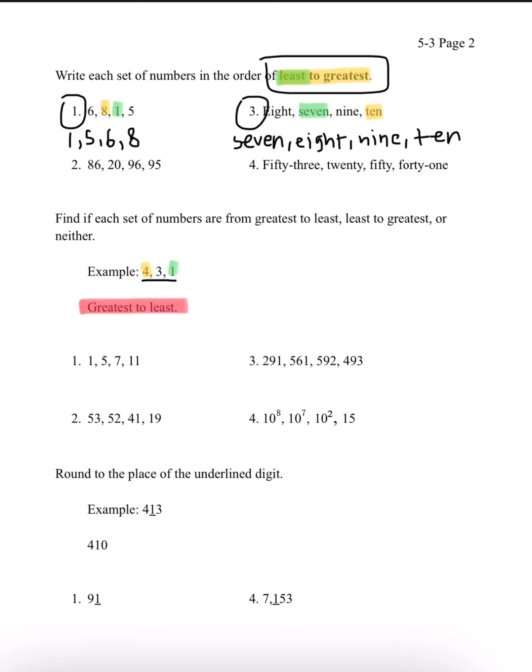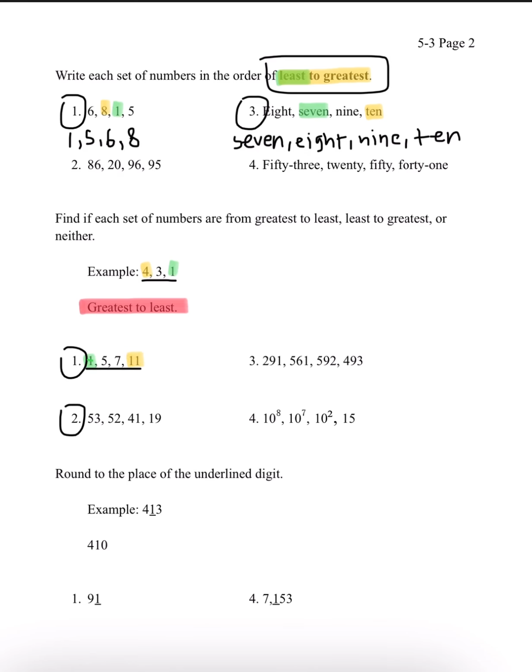So I'm going to be looking at 1 and 2. Number 1 gives us the numbers 1, 5, 7, and 11. We see here that 1 is the least and 11 is the greatest.